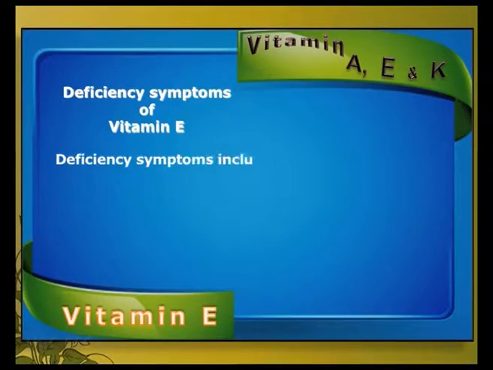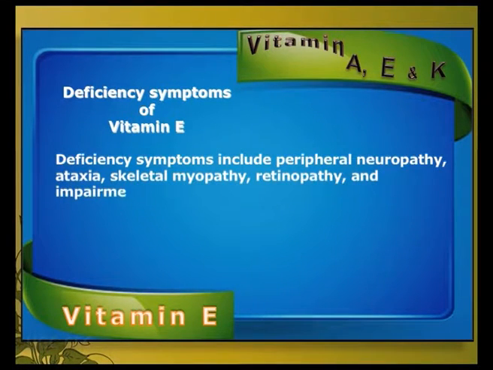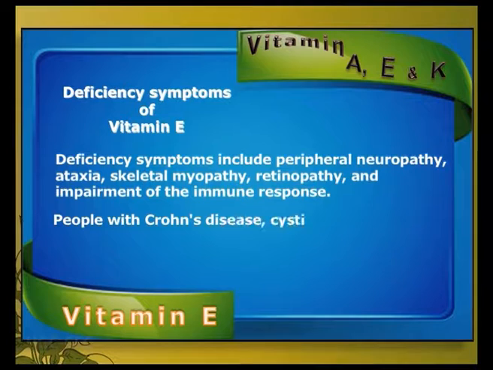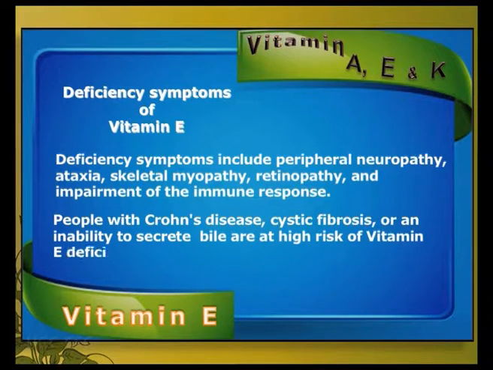Deficiency symptoms of vitamin E include peripheral neuropathy, ataxia, skeletal myopathy, retinopathy, and impairment in immune response. People who are suffering from Crohn's disease, cystic fibrosis, or have an inability to secrete bile are at high risk of vitamin E deficiency.